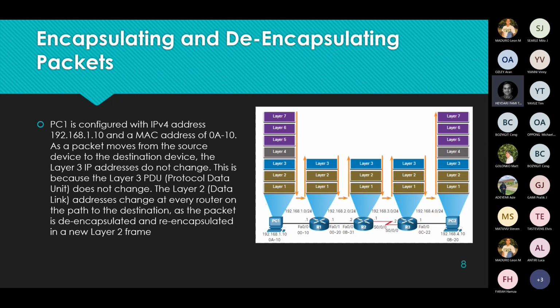At each hop, though, let's say the very first router R1 will receive that data packet and will de-encapsulate it, meaning that the layer 2 header and trailer will be stripped off the frame to expose what is inside that encapsulated frame, which is the IPv4 packet, and deliver it to layer 3 on R1.